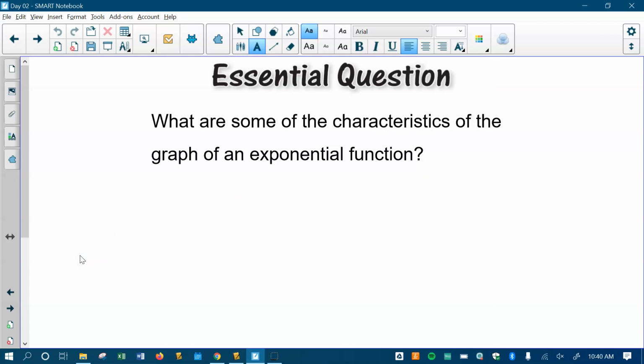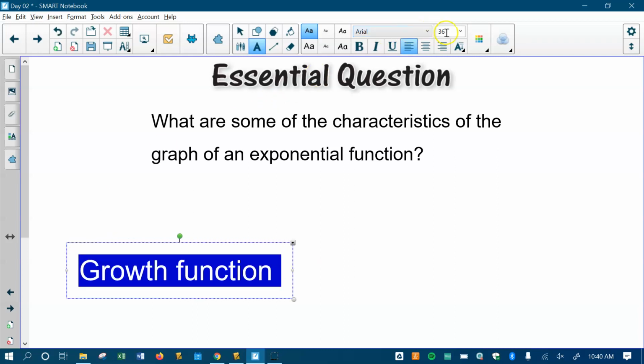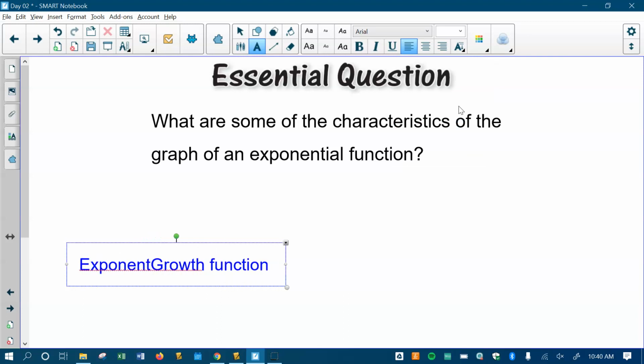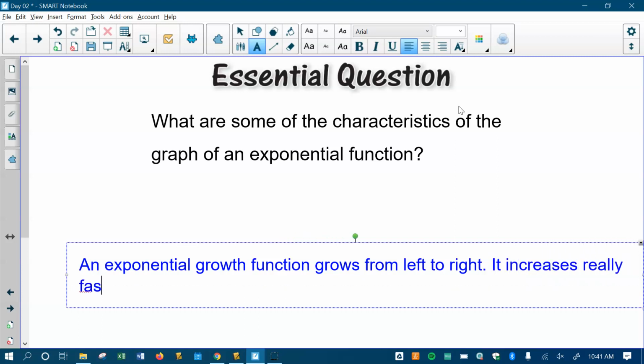Characteristics of an exponential growth function. Exponential growth goes from left to right and increases really fast.